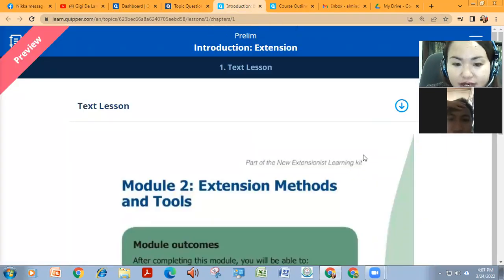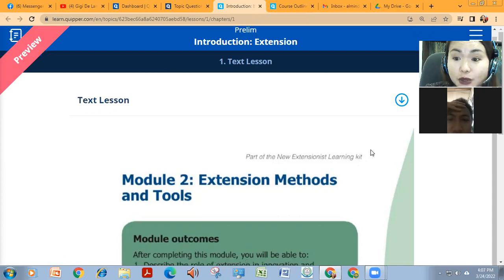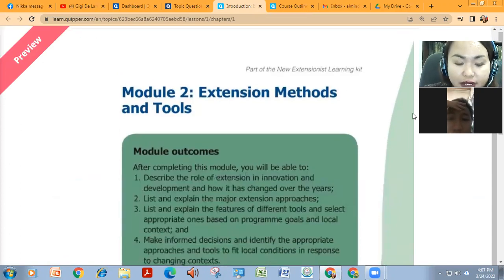So we're going to start with our module 2, which is extension methods, and actually this is not really module 2, but our overall topic is extension methods and tools. Methods and techniques.